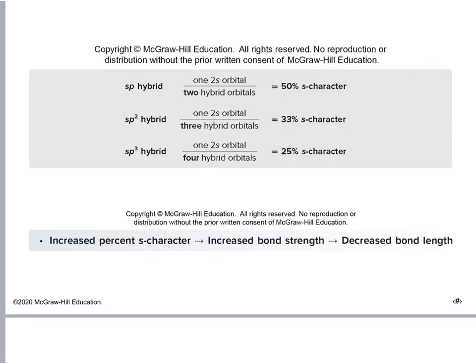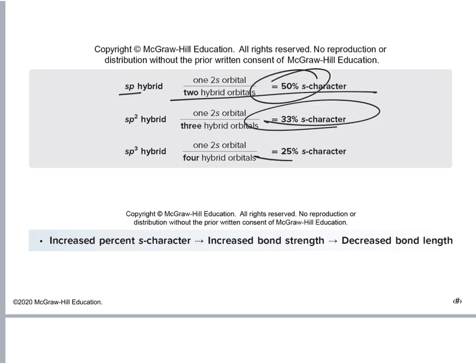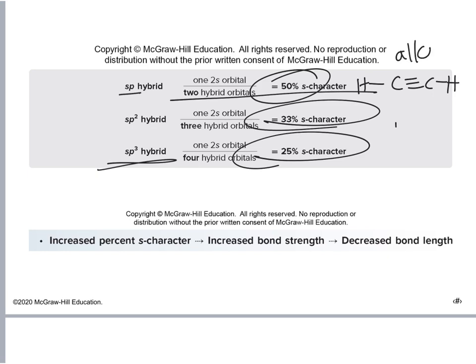And this, we've talked about this, hybridization. We'll have sp, which is 50% s character. sp2 is 33% s character. And the more s character, so the sp would be an alkyne. You're learning these.